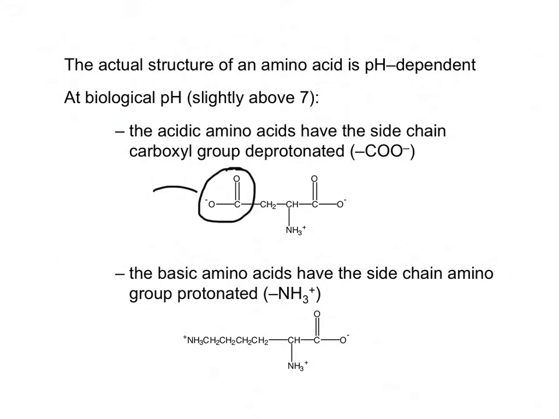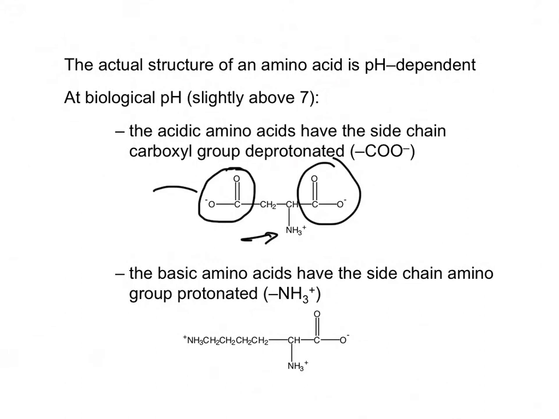All right. So what we have here is biological pH where we're slightly above 7. That's basic enough that one carboxylic acid's gone and the other carboxylic acid is gone. But we're not basic enough yet for the amine. That one right there needs to be more basic to yank off that amine. So it's still protonated.